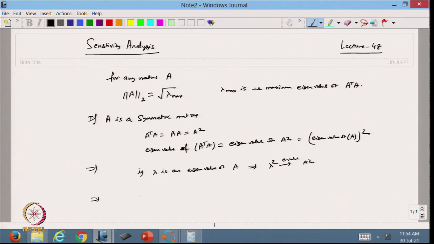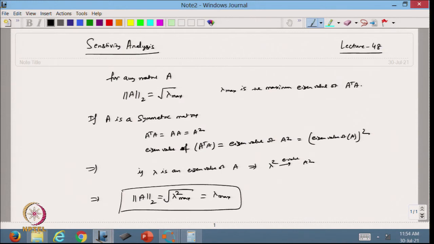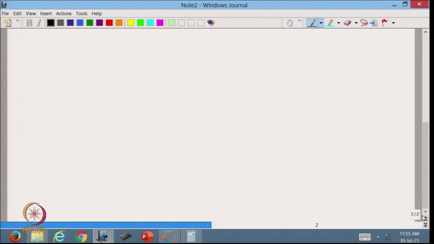So from here I can define that the spectral norm will become lambda square maximum, and then it becomes the maximum of this one. So now in this case I can say that the two norm, when the matrix A is symmetric, is equal to the spectral radius of matrix A. So this way we can define the norm when the given matrix becomes a symmetric matrix.